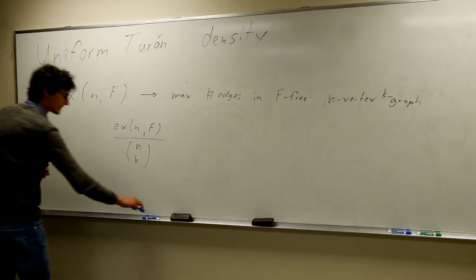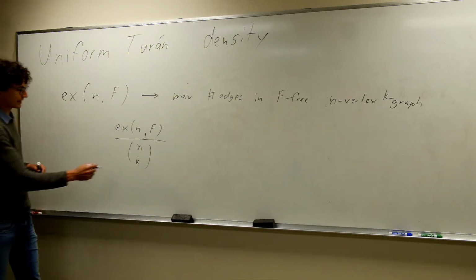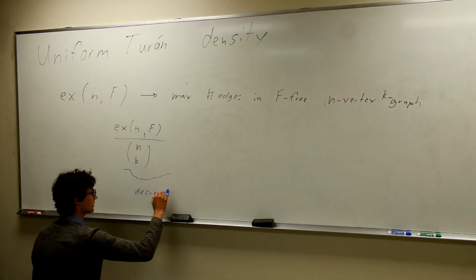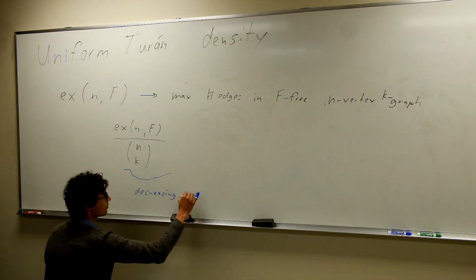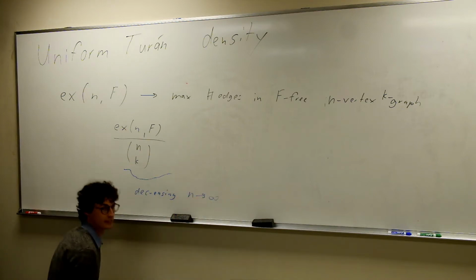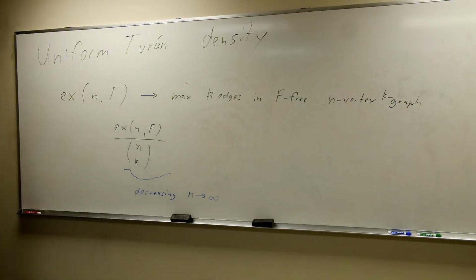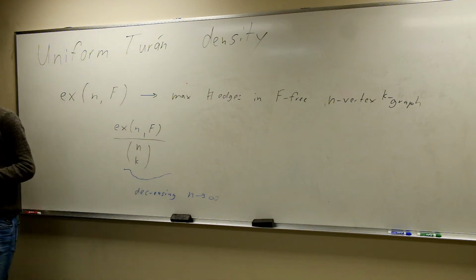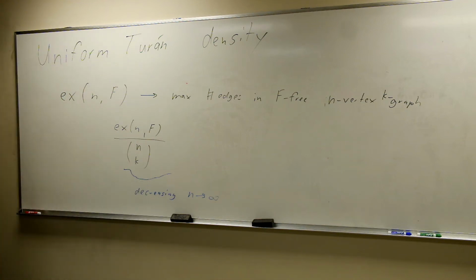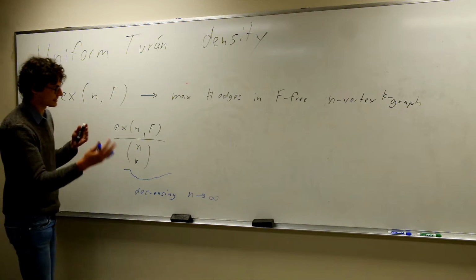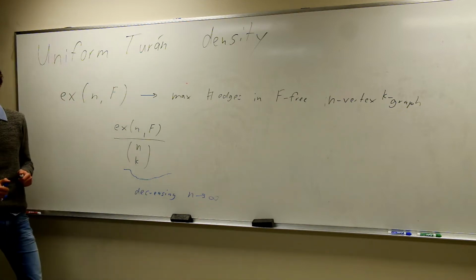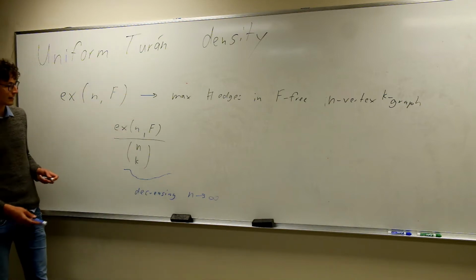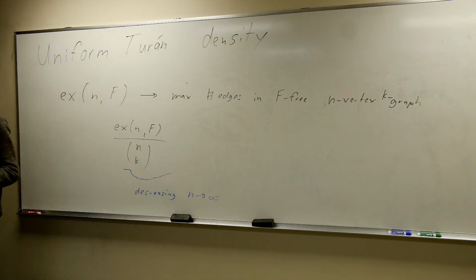Okay, now what can be done by some averaging argument is showing that this thing is decreasing for n towards infinity. So if you have some n and you choose some smaller n prime and consider all subgraphs on n prime vertices with the same probability, then each is still F-free, it's a subgraph.